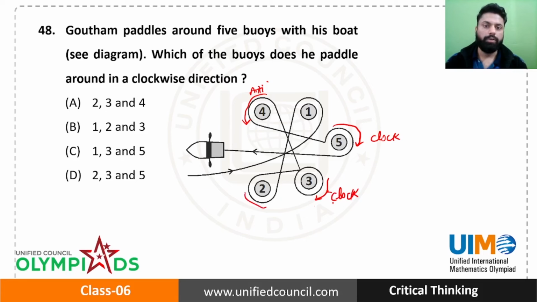This will also be clockwise direction, and then this finally is going to be in the anti-clockwise direction. So which of the buoys are paddled in the clockwise direction? So this is 5 and 3 and 2. 2, 3, 5. That means option D is the correct answer.